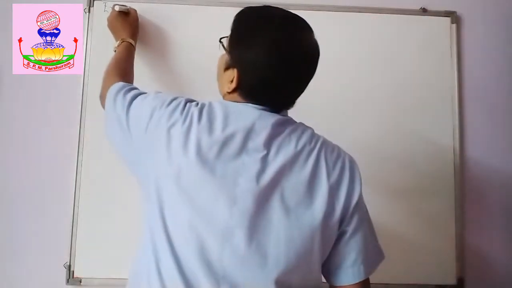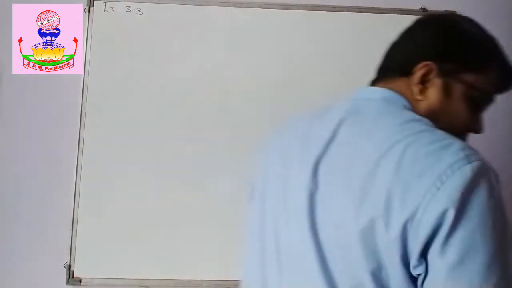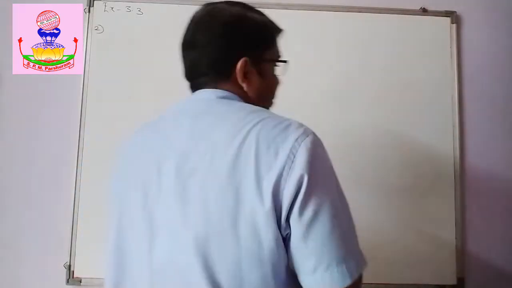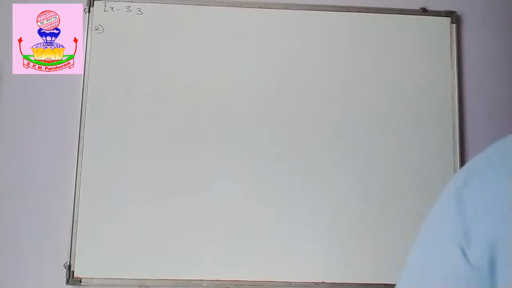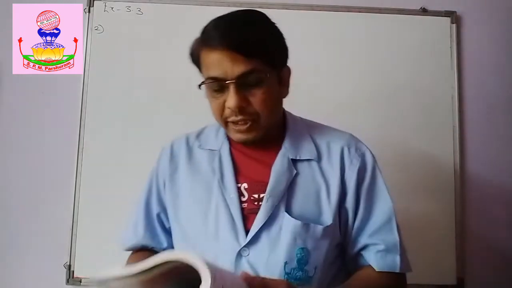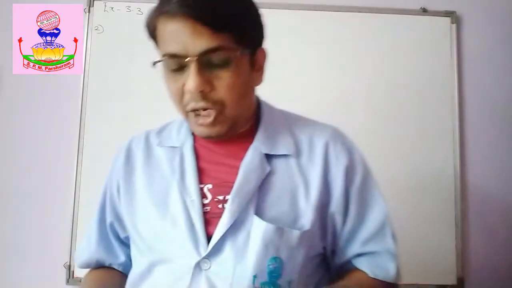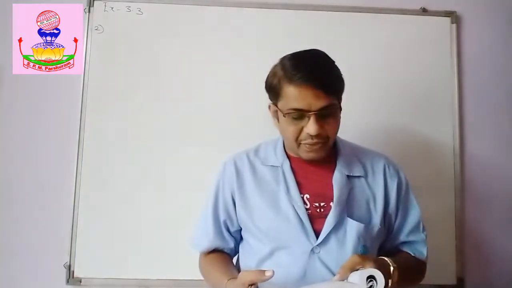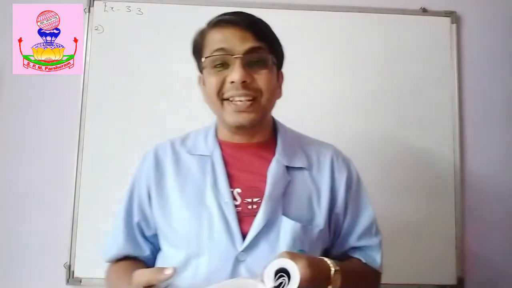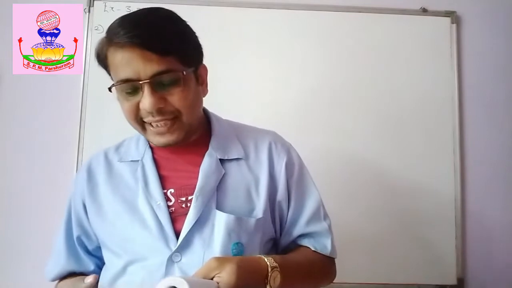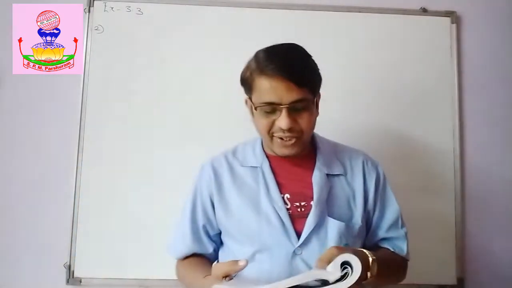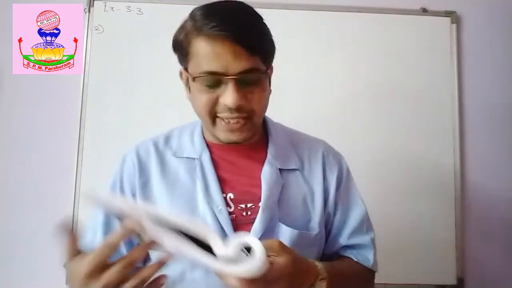So exercise 3.3, from that I am going to solve example number 2. So example number 2, the sum of 3 consecutive odd numbers is y. Which of the following is the even number next to the greatest of these odd numbers?